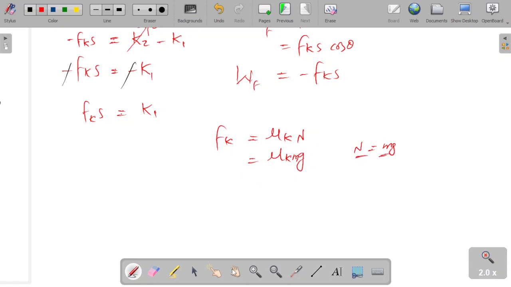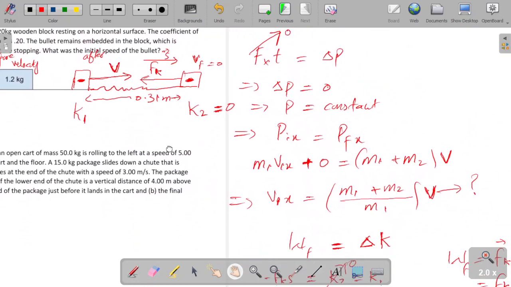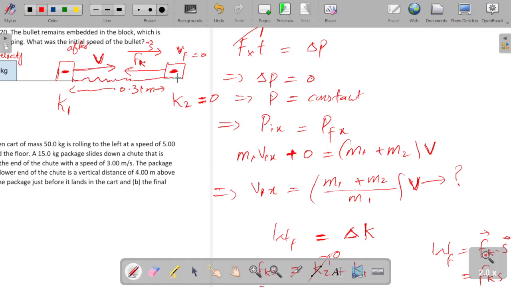We know that the normal reaction on the surface is equal to the weight. For example, let's indicate this here. The normal reaction acts in the upward direction while the weight of the body acts in the downward direction, so they are balancing each other. This is the normal reaction, I denoted it N, and the weight is downward, mg.